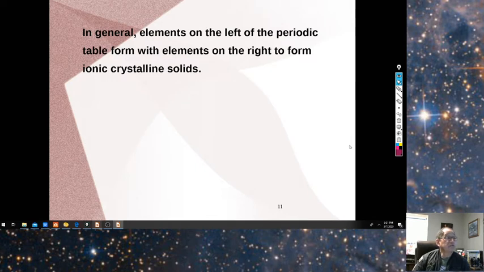Okay, so first two. Let's see. This is really important to know. Yeah, know this one. About in general. I'm going to write in general: elements, ionic, crystalline, solids.